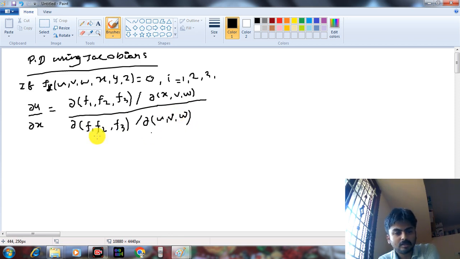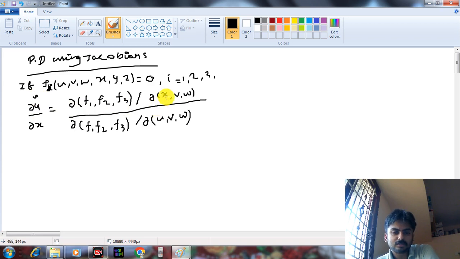In the same way we can find dou u by dou y, dou u by dou z, then dou v by dou x, dou v by dou y, dou v by dou z, and also dou w by dou x, dou w by dou y, dou w by dou z. You have to keep in mind, if I want to find dou w by dou x, I am differentiating w with respect to x.